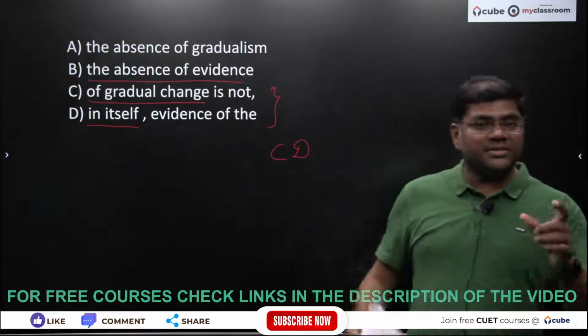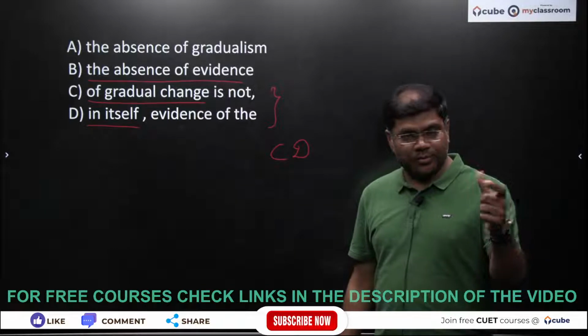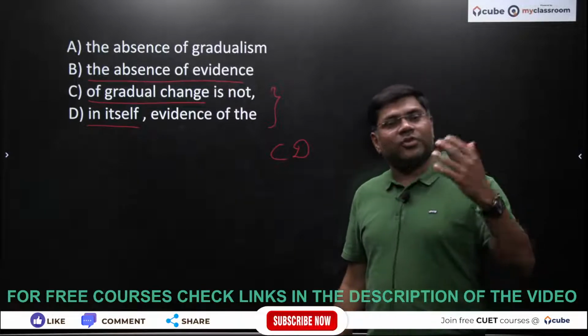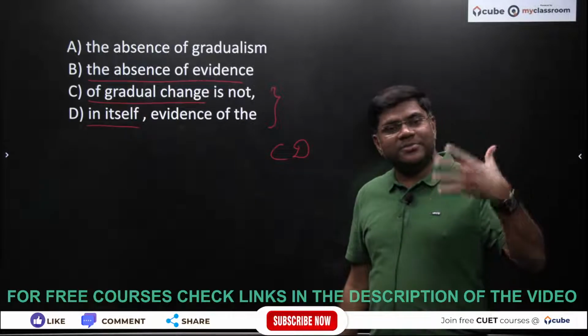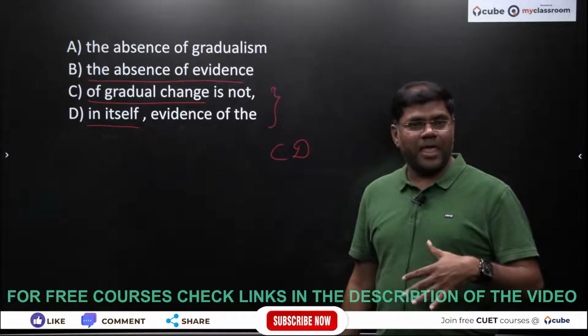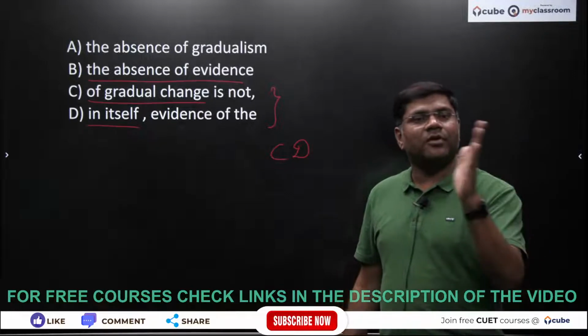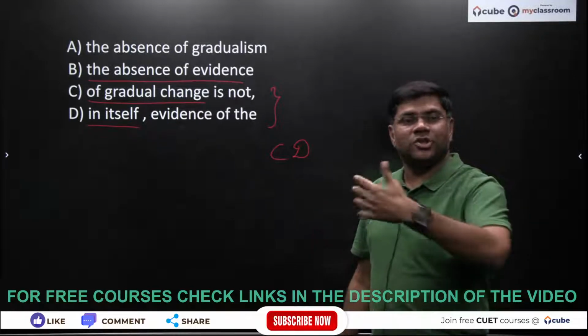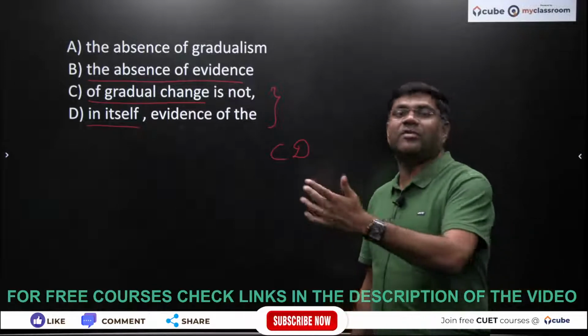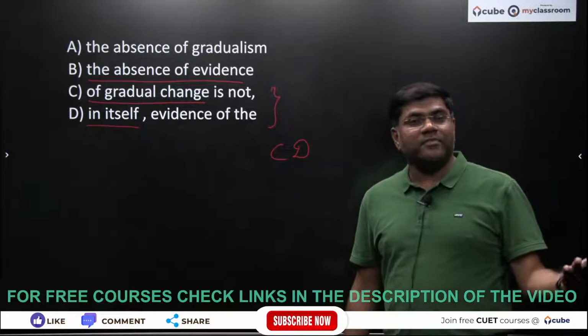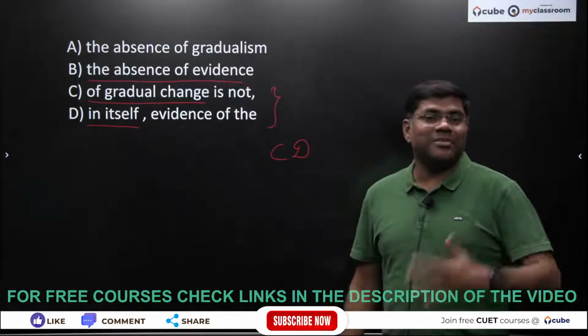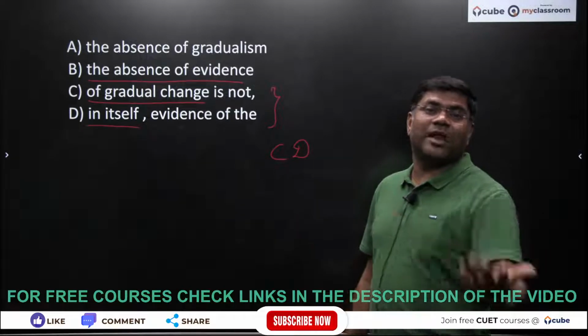So try to understand the logical meaning of the sentence. The author is trying to say that the absence of evidence of gradual change is not in itself evidence of the absence of gradualism. Just because we don't have evidence of gradual change doesn't mean that there is an absence of gradualism, correct?